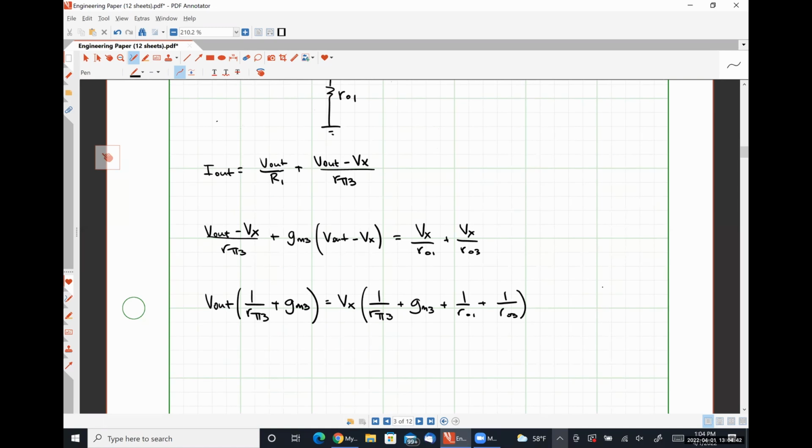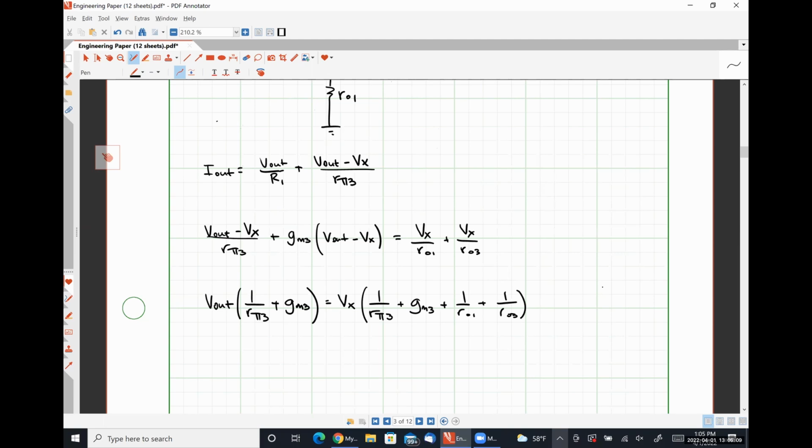Okay. So our goal here is to get Vx in terms of V out. But what I want to do is just to make this less annoying to write down. So I'm going to say that this is the reciprocal of R pi 3 in parallel with R naught 1 in parallel with R naught 3 in parallel with 1 over GM3, because that's slightly shorter to write than that terrible thing.